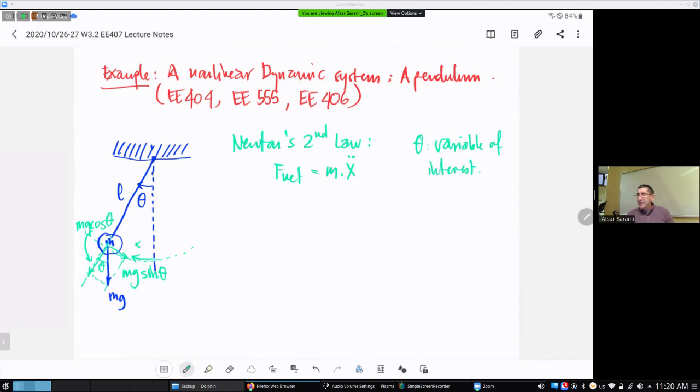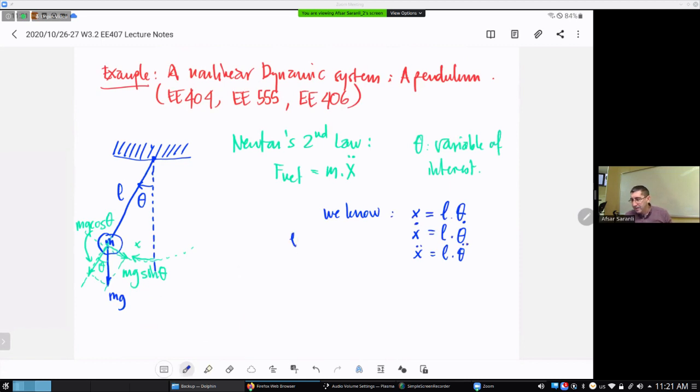So I want to establish a relationship between this linear motion along the circumference and the variable theta. And I know the arc length, so the travel distance is equal to L times theta. Therefore, the derivative of x is L times the derivative of theta, and similarly, the second derivative is L times the second derivative of theta, because L is a constant.